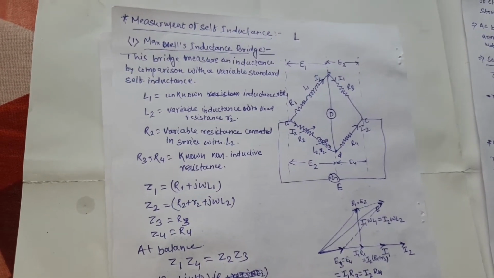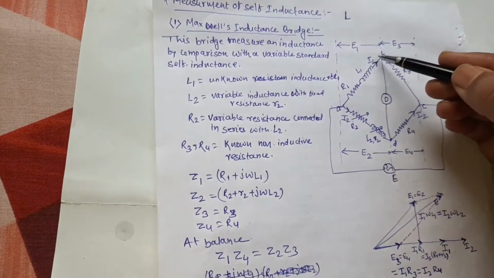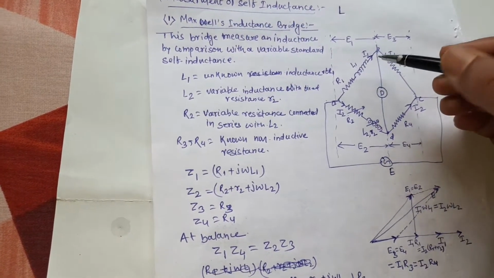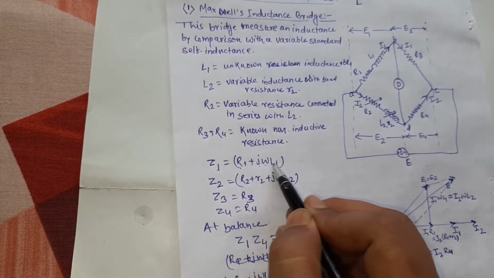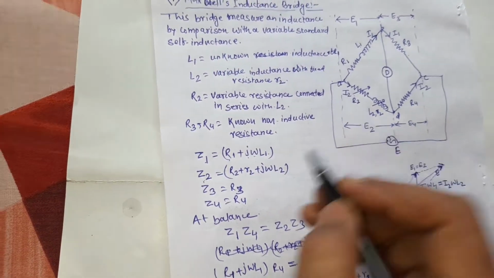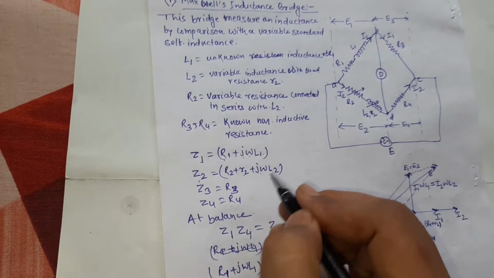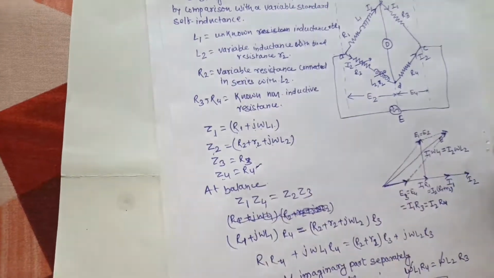So if you know the balance equation of the bridge, first we have to represent it in the form of impedance. That means Z1 is equal to R1 plus j omega L1, Z2 is equal to R2 plus small r2 plus j omega L2, Z3 is equal to R3, and Z4 is equal to R4.